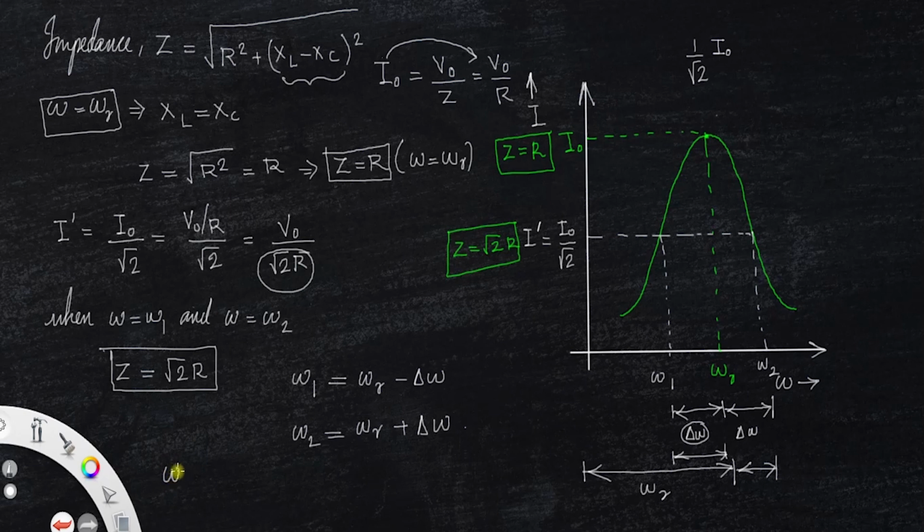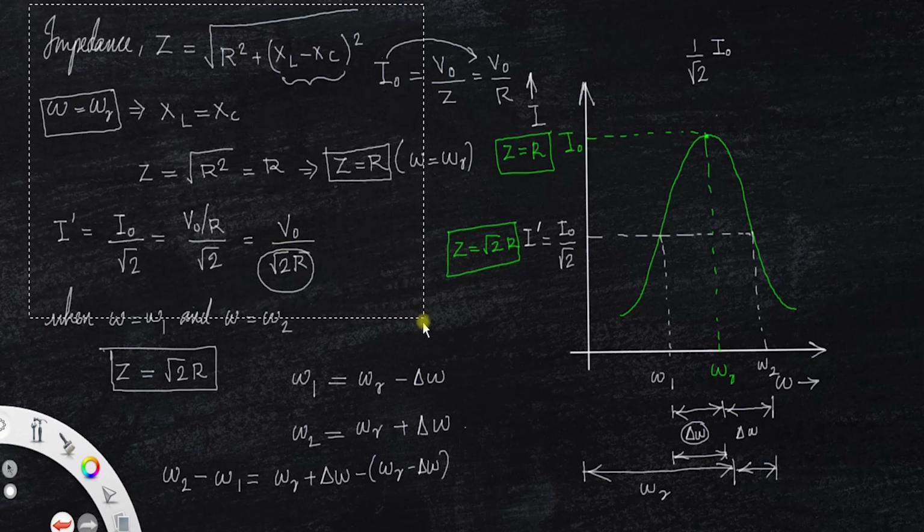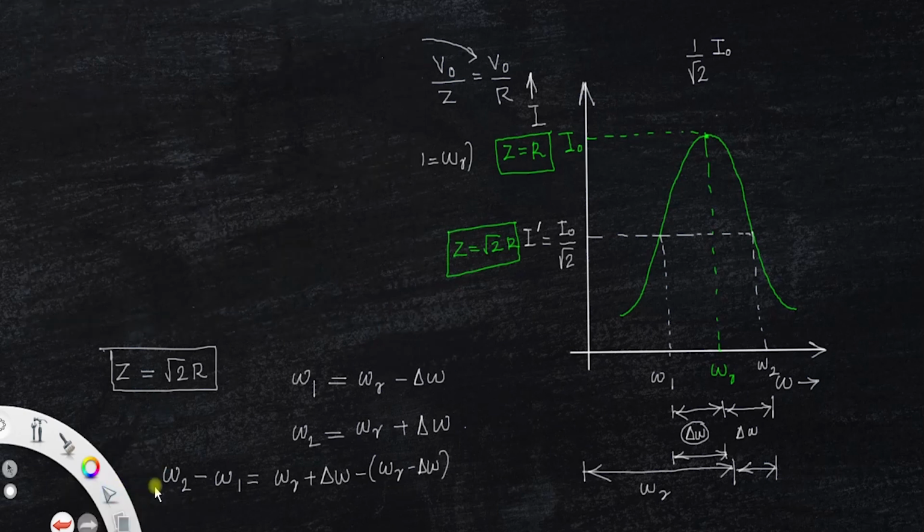Now if you find the difference of omega 2 and omega 1, you will get omega R plus delta omega minus omega R minus delta omega. Therefore omega 2 minus omega 1 will be omega R plus delta omega minus omega R plus delta omega.